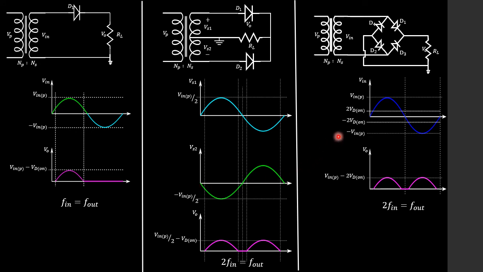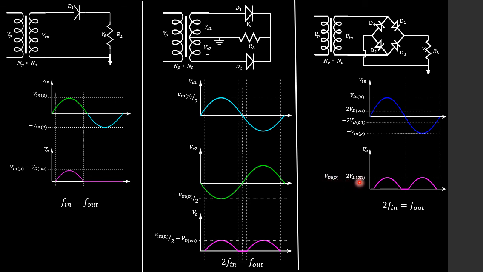And then finally, students, we've just been through the full wave bridge rectifier. Personally, this is my favorite one, and we saw that we have the positive half cycle followed by the negative half cycle, and of course we have our output which has 2 times the frequency of the input, and a peak voltage which is the input peak minus 2 times the diode on voltage.